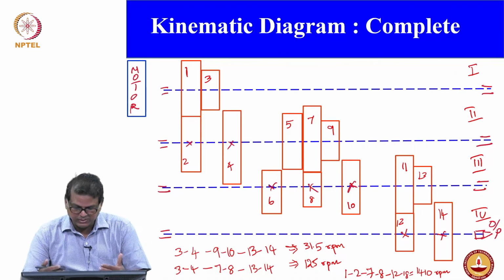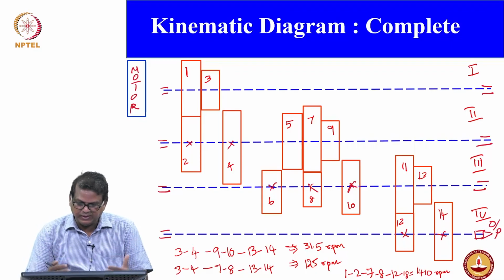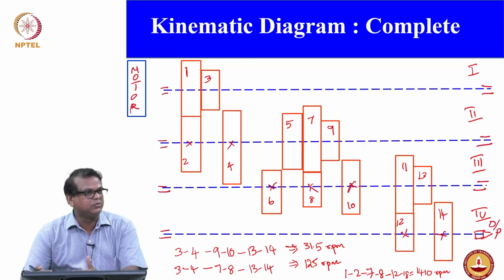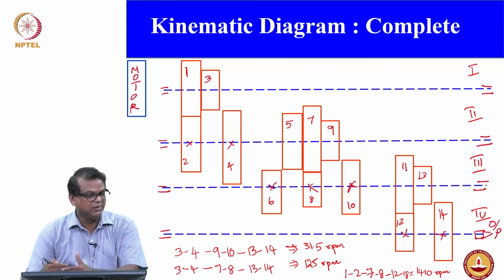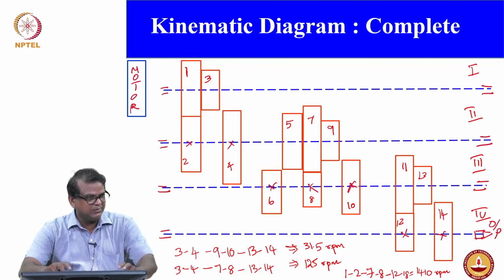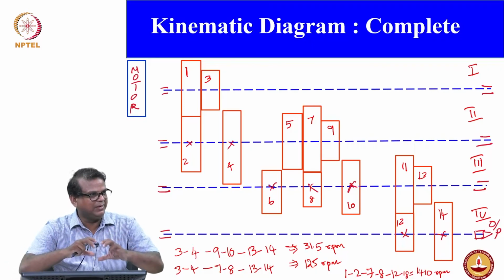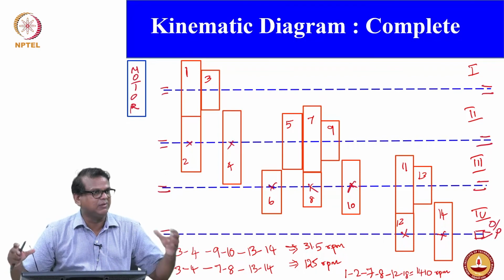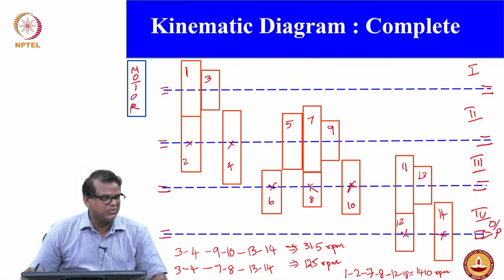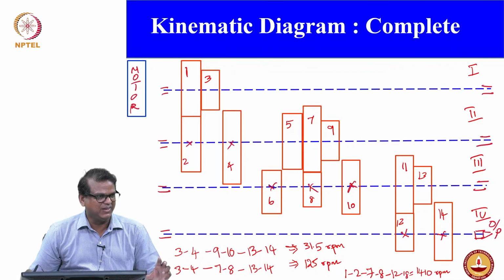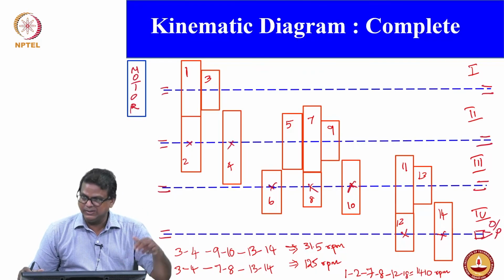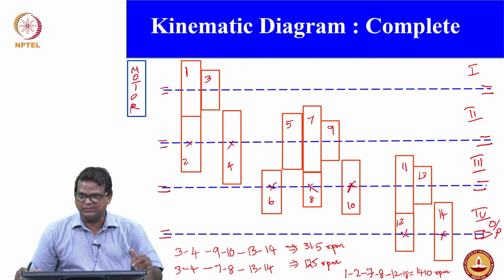Similarly, if you look at 6, 8, 10, 11, 13 and 12 and 14, they should maintain the center distance, right. There may be different center distances, doesn't matter, but when meshing, they have to maintain the same center distance among the gears, then only the size can be maintained, the speed ratio can be maintained. Okay. That is what we are going to do in the next class, finding out the number of teeth.